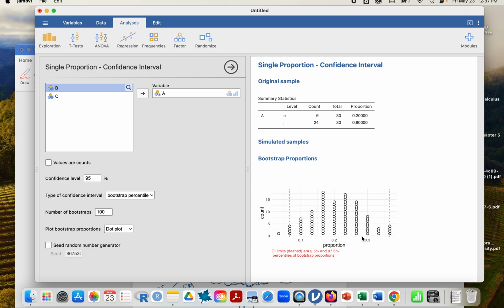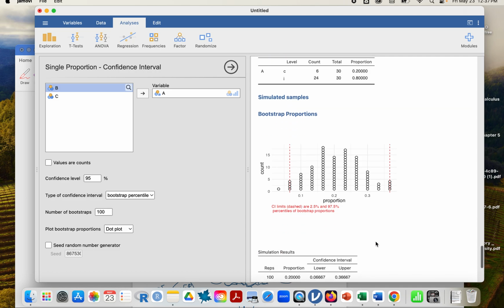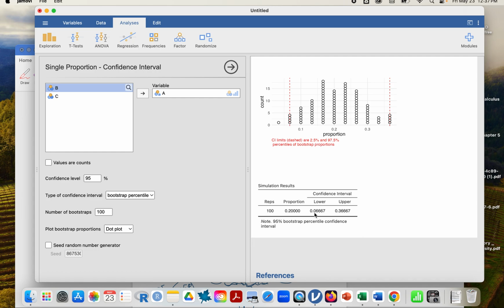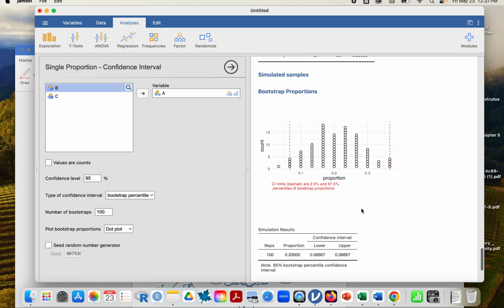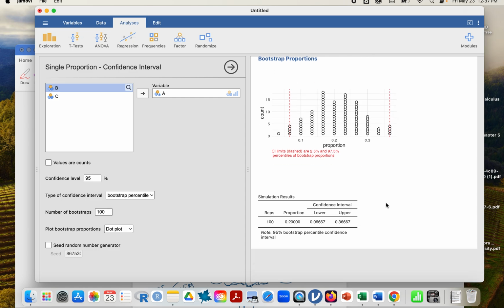Well, with the guessing, somebody actually got up to about 36%, somewhere in that vicinity. The confidence interval is between 0.066 and 0.36. And if people are getting 80%, they are definitely studying. There's no indication of individuals being way up in that level based on the proportion that's going on.